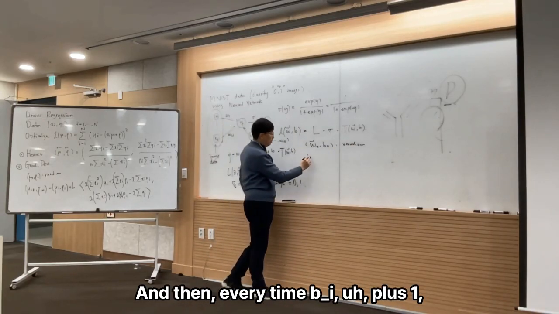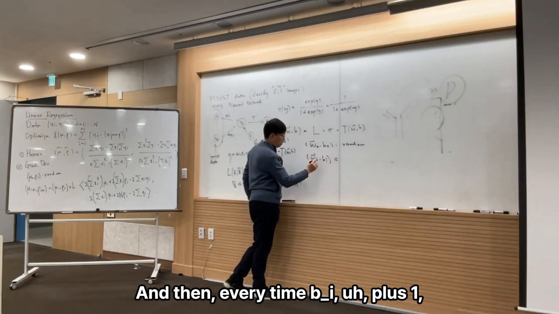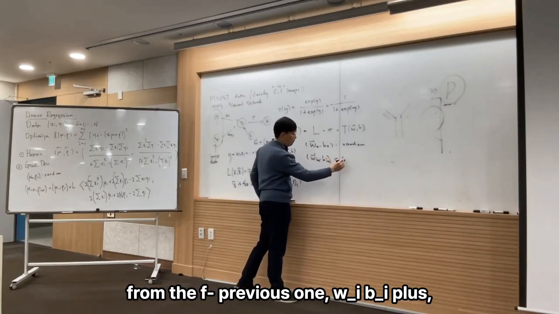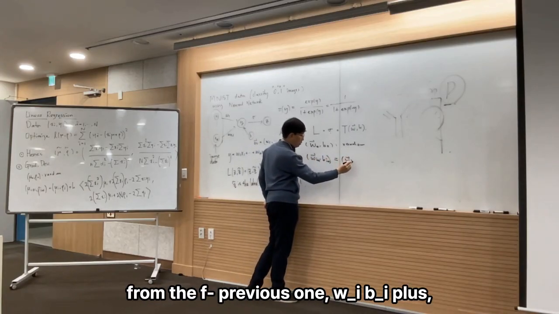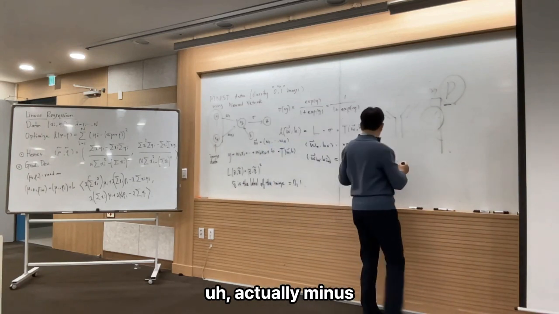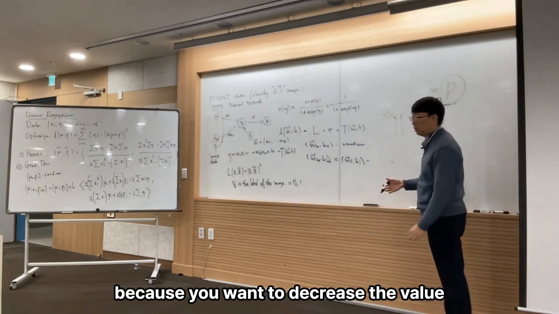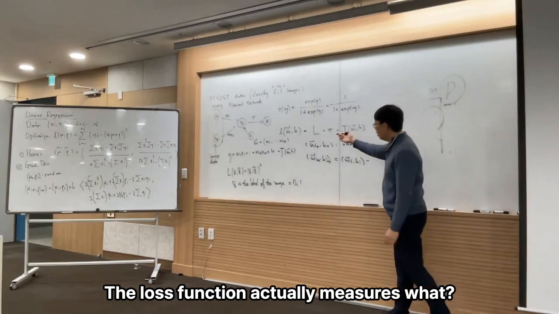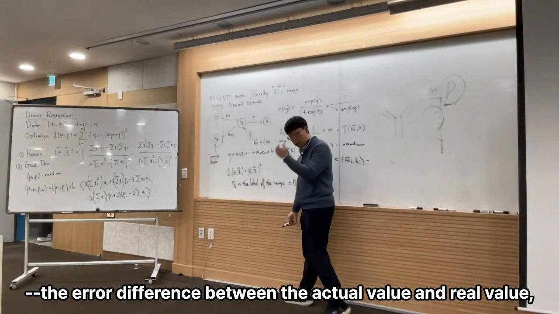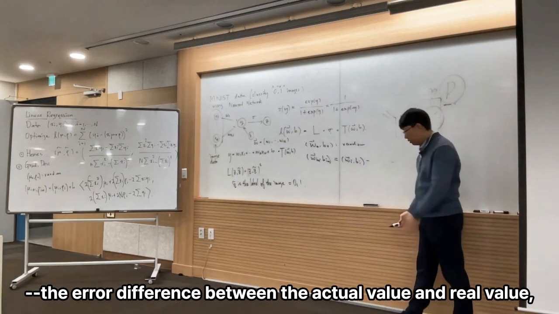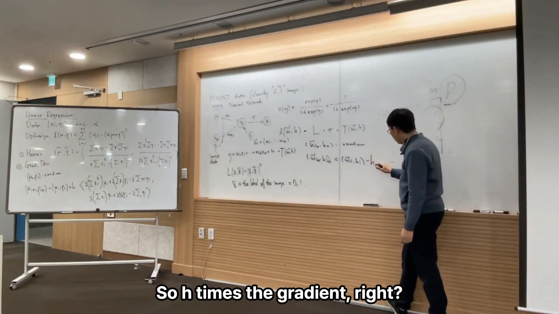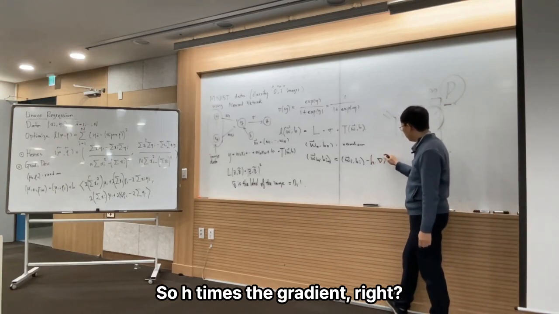Then every time, you update the new value from the previous one, w_i, b_i, plus, actually minus, because you want to decrease the value of the loss function. The loss function measures the error, the difference between the actual value and the real value, so you want to make it as small as possible. So h times the gradient, right?